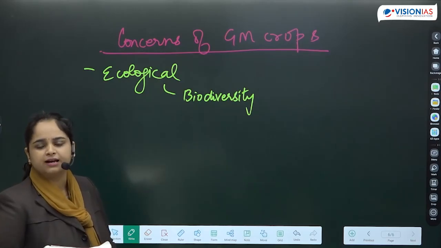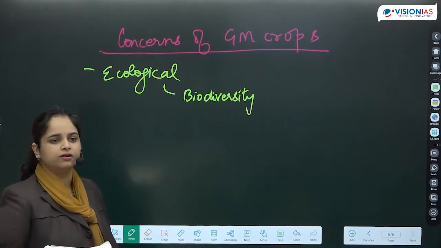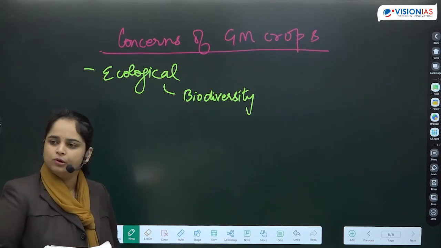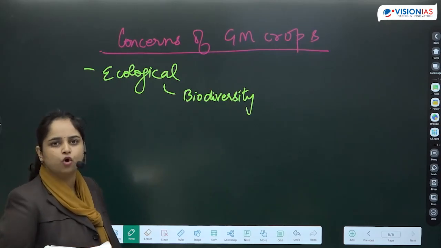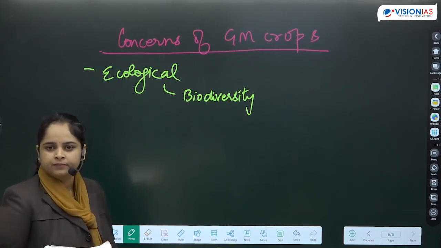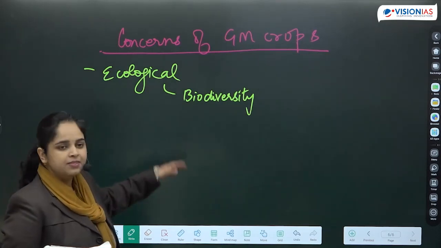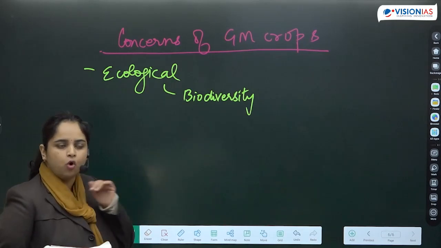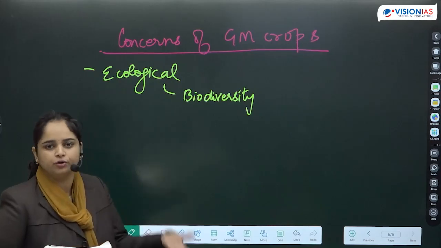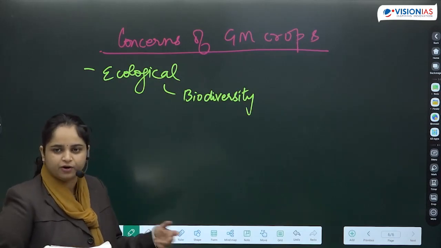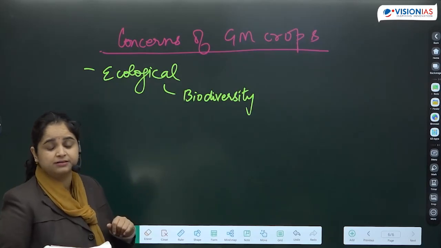Now instead of that, if we decide that golden rice is healthy, golden rice has vitamin A, so we will grow only golden rice. What will happen then is that all the other varieties are not going to be grown, they are going to be ignored, as Saurabh has written.